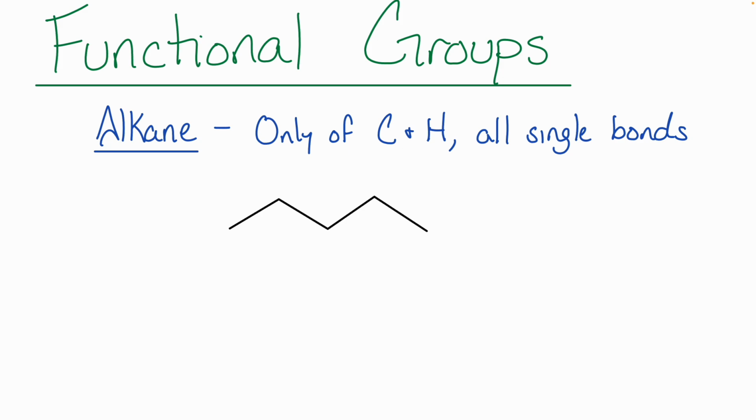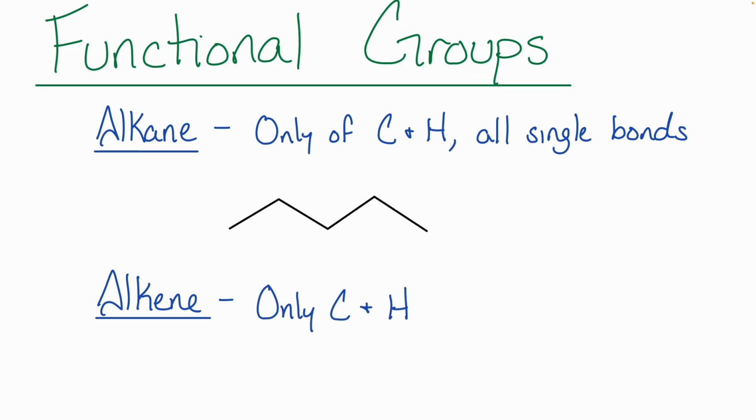Okay, so the next one that we're going to learn, which is way more interesting, are what are called alkenes. All I did was change that ANE ending to an ENE ending. These also contain only carbons and hydrogens, but have at least one carbon-carbon double bond.